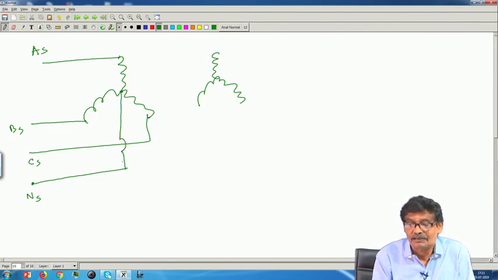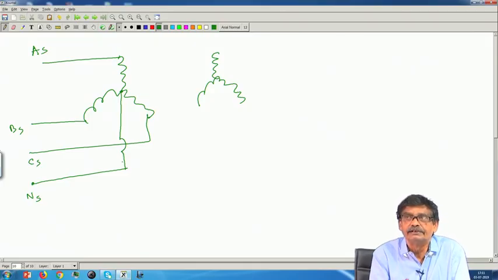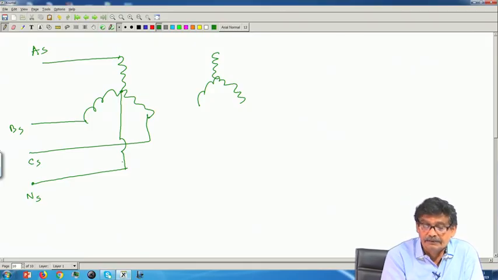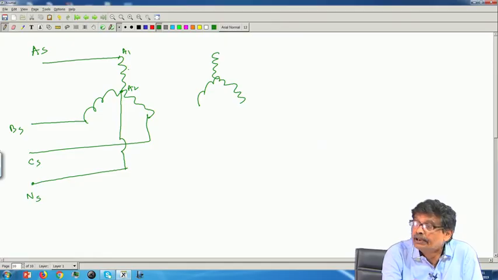This connection is slightly different from the other: balanced 3 phase voltage to this and also neutral to this. Supply voltage is balanced 3 phase voltage. Therefore, I have applied across A 1 and A 2 a sinusoidal voltage.